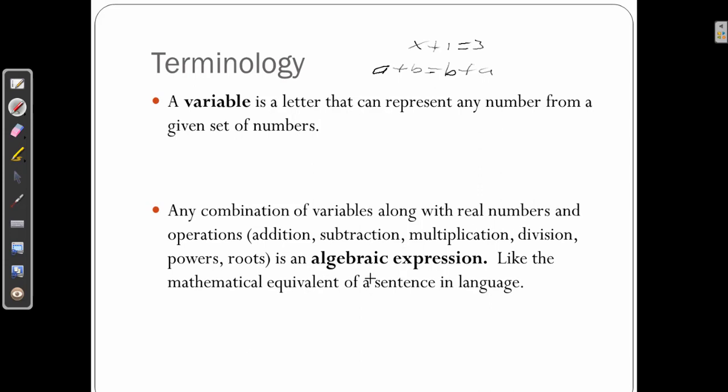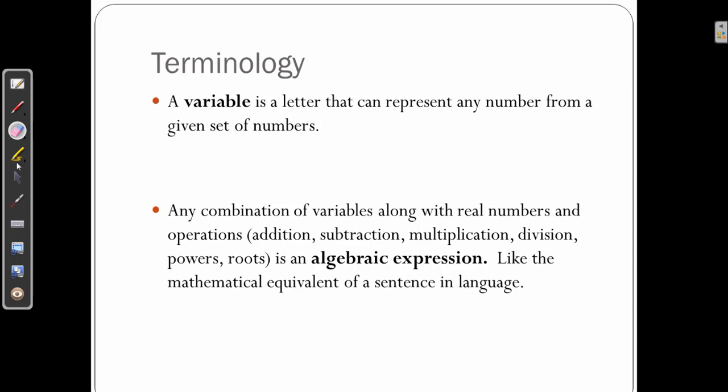And you make algebraic expressions like equations or just, that's an algebraic expression, 3x plus 1. An equation, you could say, is just one algebraic expression equals another algebraic expression. And you could even call the entire thing an algebraic expression. An expression in mathematics is kind of like a sentence in language. It describes an idea for you.